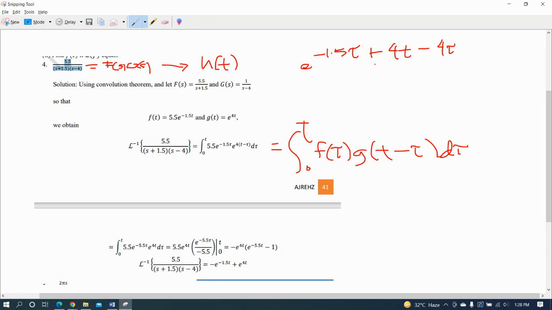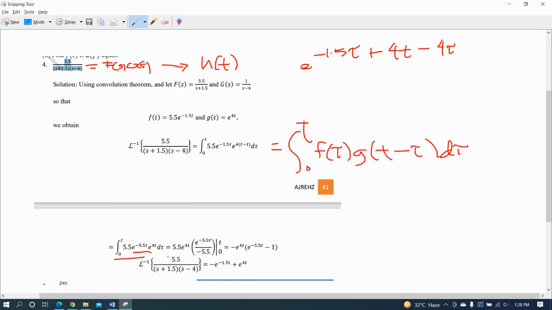Kapag sinimplify mo yan, it is equal to e raised to negative 5.5 tau times e raised to 4t. Yun yung in-integrate natin, but don't forget the constant, which is 5.5.